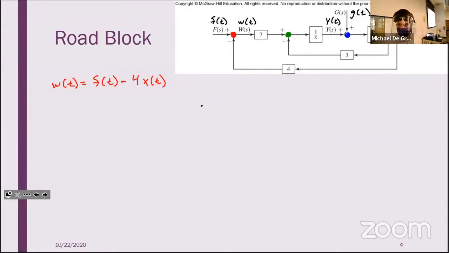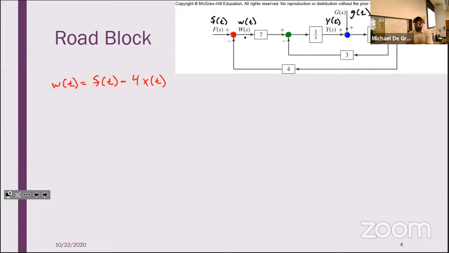So let's move to the green junction. What do I have? Well, this one's a little tricky. Why is this one a little tricky?